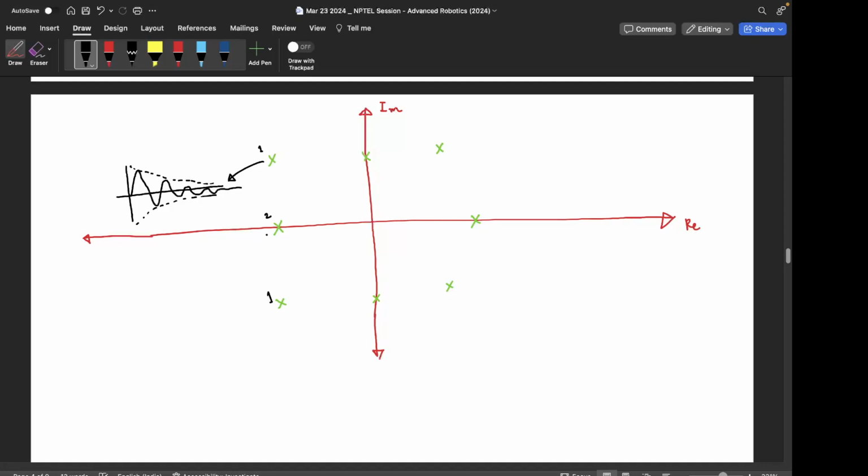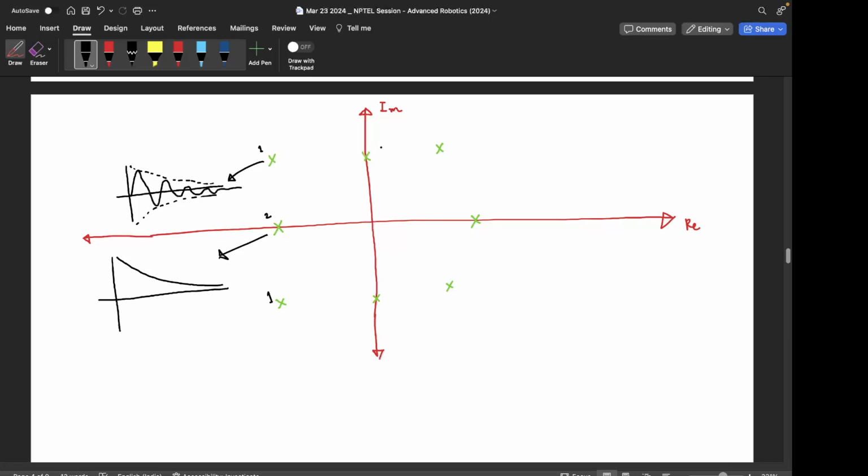Second case, again the root has a negative real part but no imaginary part, so there will be no oscillations. It will be just straight forward decay like this. Okay, this is the second.